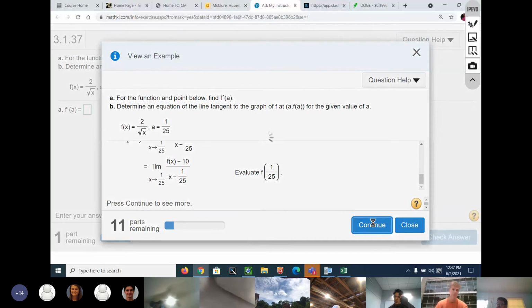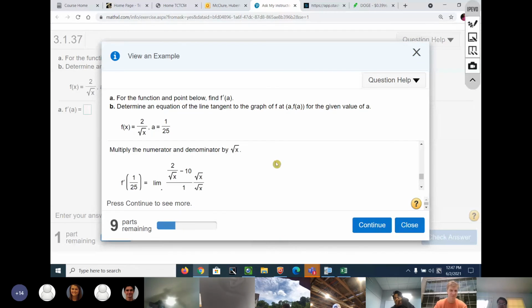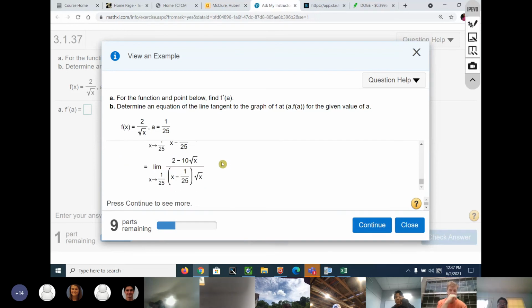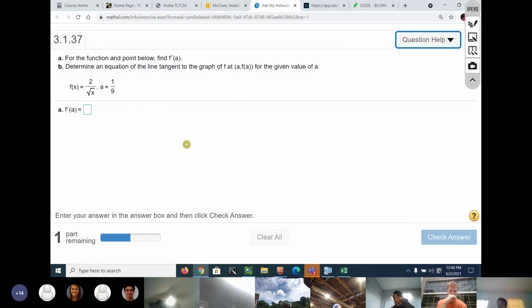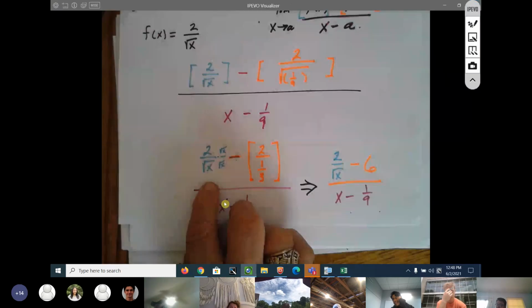There it is. 2 over the square root of x. Did they rationalize the denominator? Okay, they did not rationalize the denominator. That would make it easier. So where I rationalized the denominator, we don't need to do that.